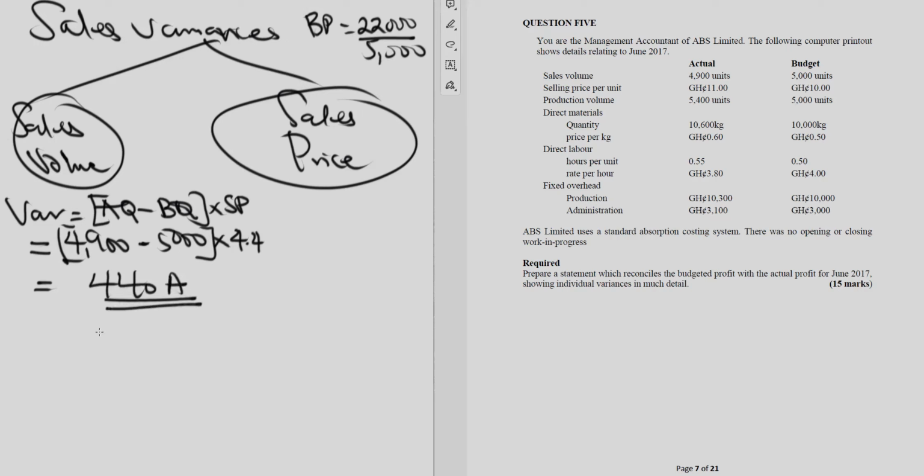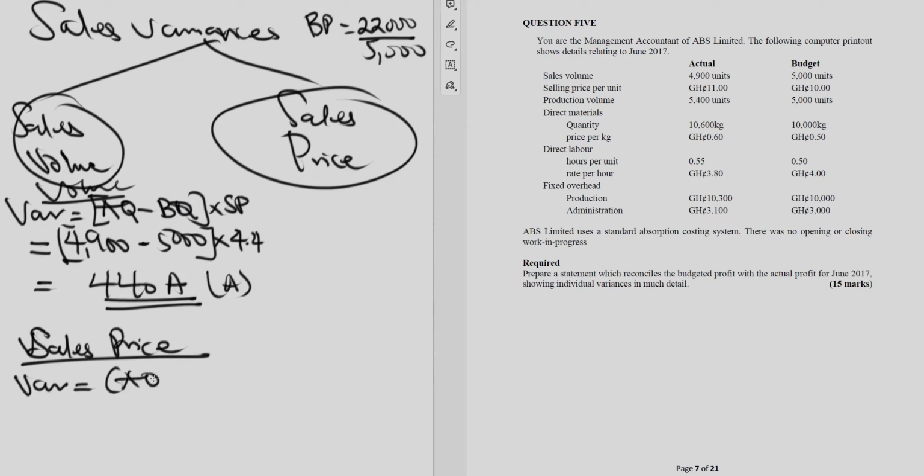Okay. Now, when it comes to sales price, the difference in price. So that's volume. Now, for my sales price variance, the variance is actually your actual price minus our budgeted price or our standard price, all times our actual quantity that was sold.